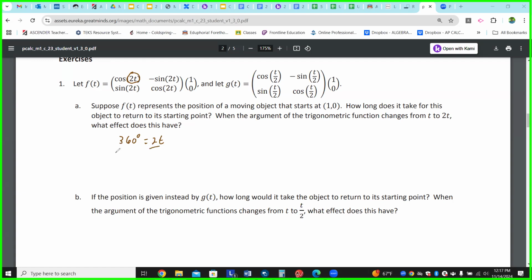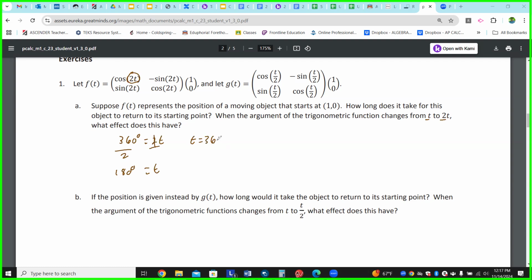Divide by 2. So t would equal what? 180. So we have to compare it from t to 2t. If I had a regular t and wanted to go a full circle around, what would t have to equal?